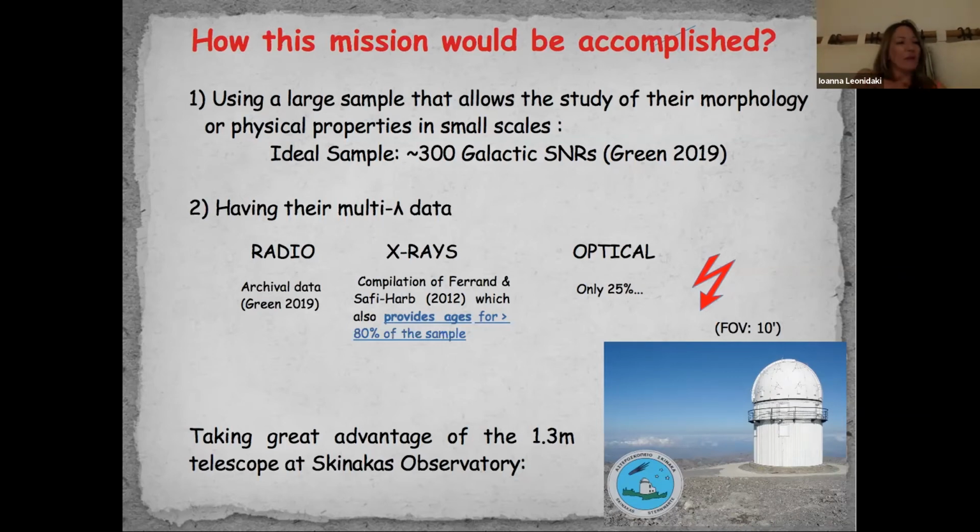For X-rays, we are happy that in the last years we have a very comprehensive and well updated catalog of high energy SNRs from Safi-Harb, which gives much information about all galactic SNRs in compilation with the ones in Green's catalog.